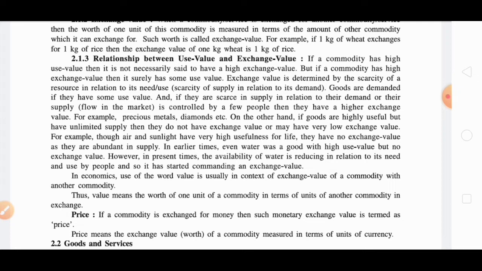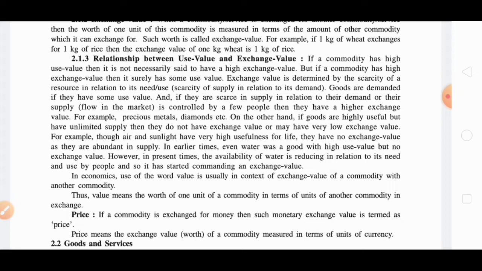As we all know, oxygen, sunlight and water are necessary for life, but because of their plentiful availability, their exchange value is very negligible. People are not able to store them, and even if they are able to, they do not wish to, because availability is plenty and they can be obtained whenever needed.